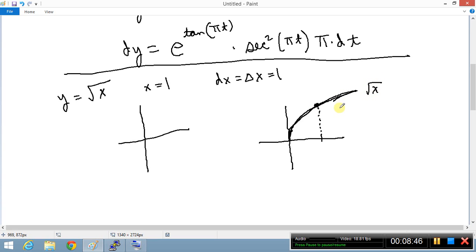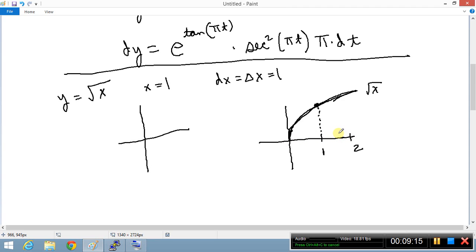Now, when we talk about delta x being 1, then the change in x is going to be 1. So we should go from 1 to, say, 2. Or I suppose I didn't really make it clear whether it's going to be delta x this way or delta x this way.